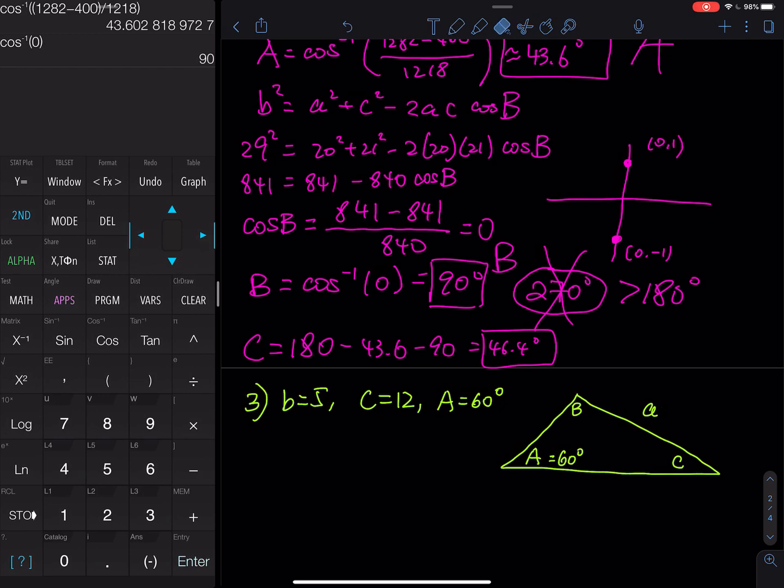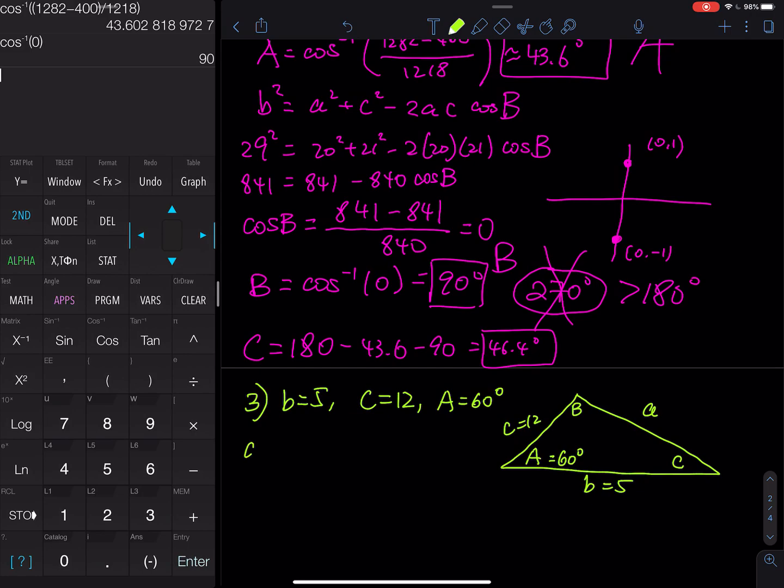And then c is equal to 12, and then b, we don't know b either, do we? Oh no, b is equal to 5. All right, so let's find a.